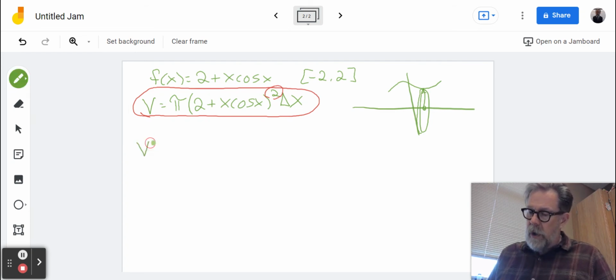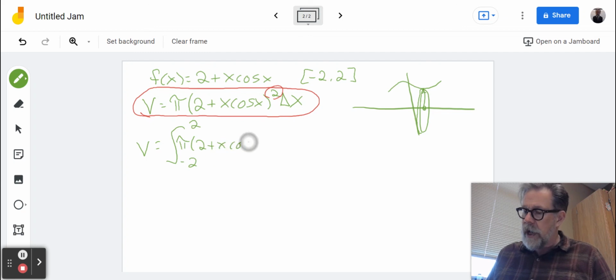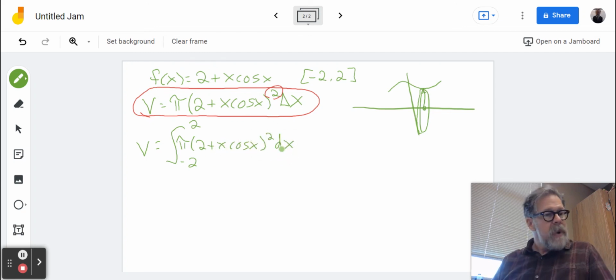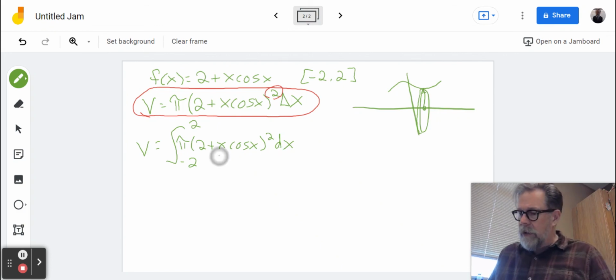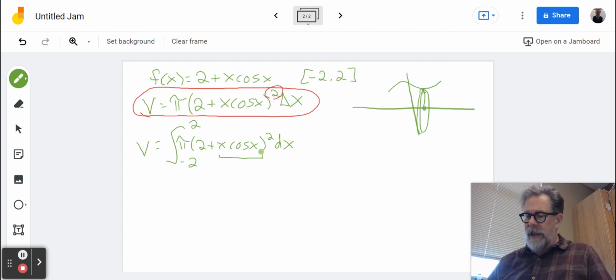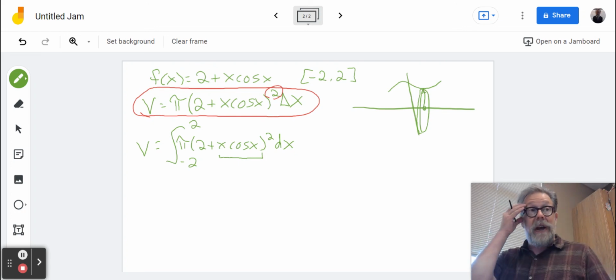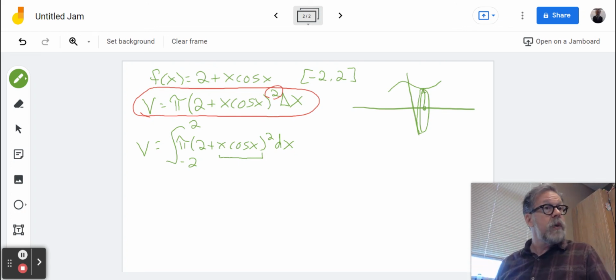So continuing, we've got the integral from -2 to 2 of pi times (2 plus x cosine of x) squared dx. Honestly, in this one case, we don't know a way to find the antiderivative of x cosine of x, let alone plugging it inside of a squared.